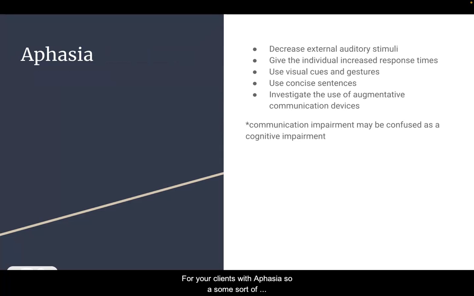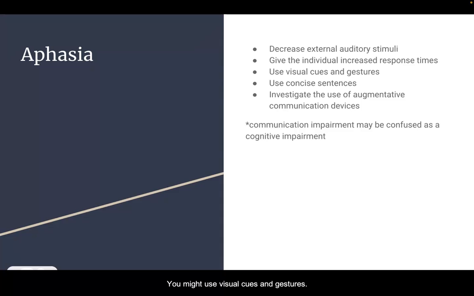For your clients with aphasia, so some sort of communication deficit, you might want to decrease the external auditory stimuli so that they can focus in on what it is that you're actually asking. You might want to give them increased response times.